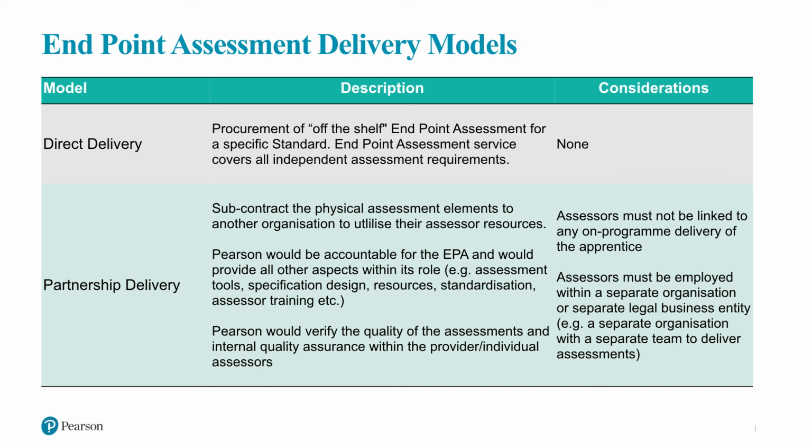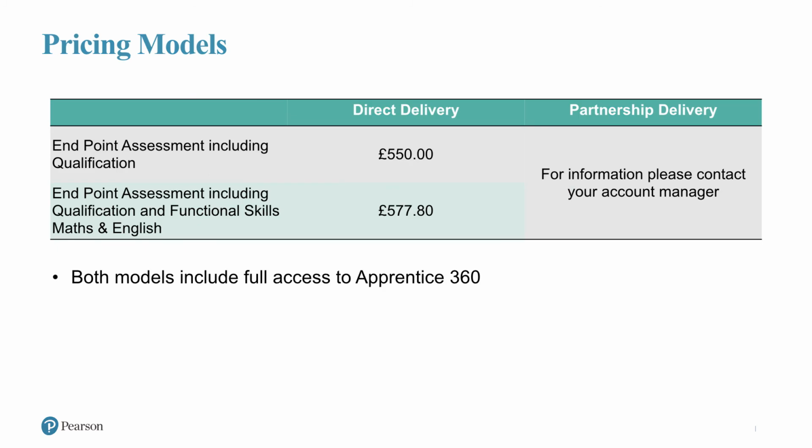That's about procuring endpoint assessment. The second model, partnership delivery, is around working together in partnerships or consortiums to use your assessor resources to deliver endpoint assessment. But please be aware of the 2 considerations. Assessors can't be linked to on-programme delivery, and assessors must be employed within a separate organisation or a separate legal business entity for that to happen.